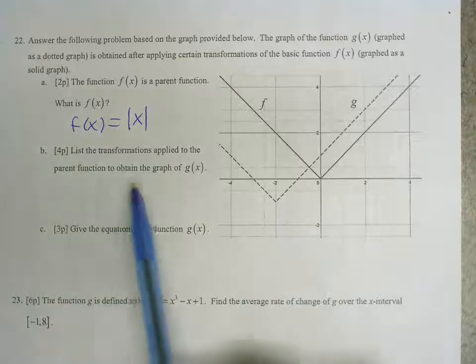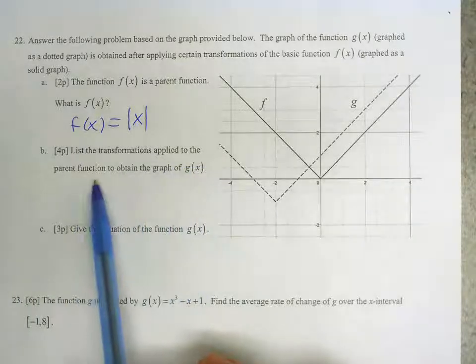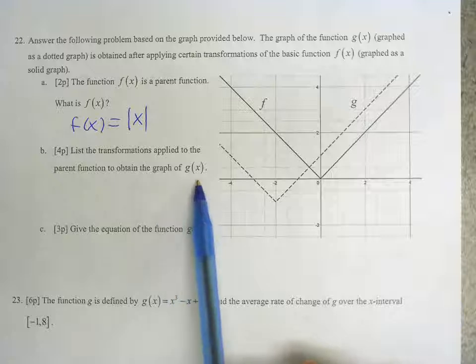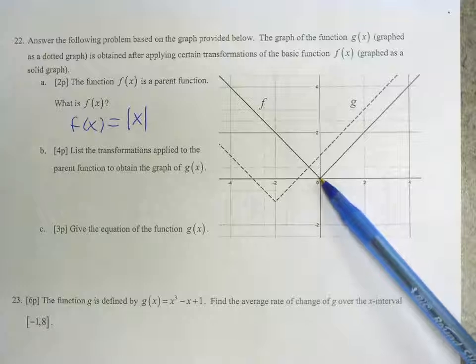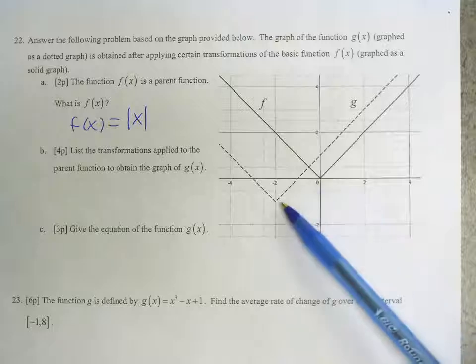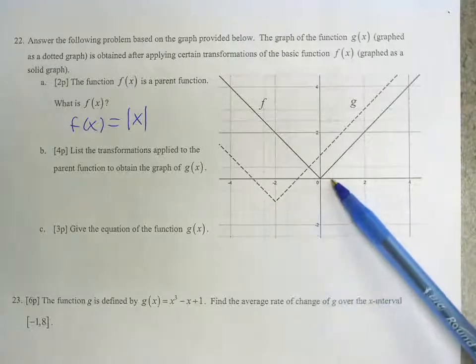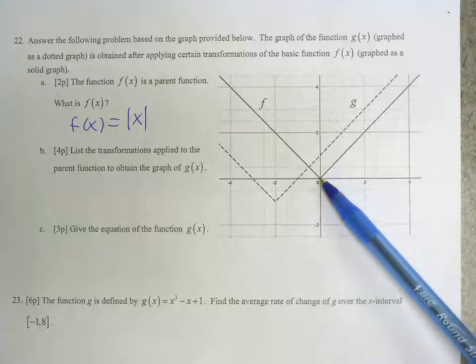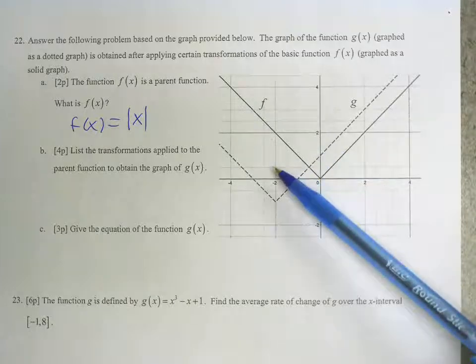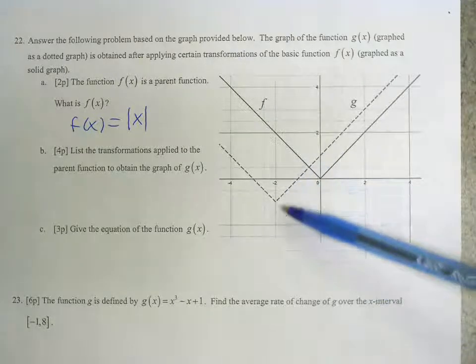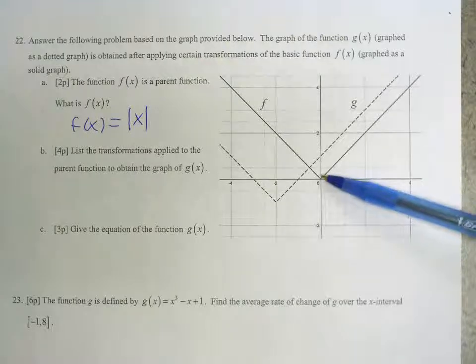Part B lists the transformations applied to the parent function to obtain the graph of g of x. Okay, so if you just pick a point on the graph of f and follow it, you can end up with the transformations. So starting with this low point on f of x, if we move to the left 2 units and then move vertically down 1 unit, that looks like that's halfway between 0 and negative 2.